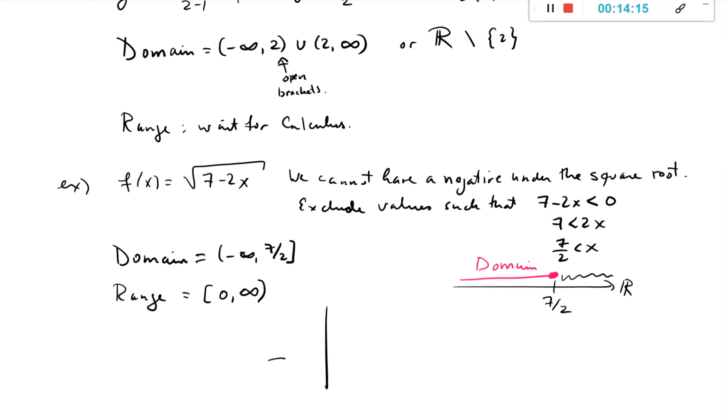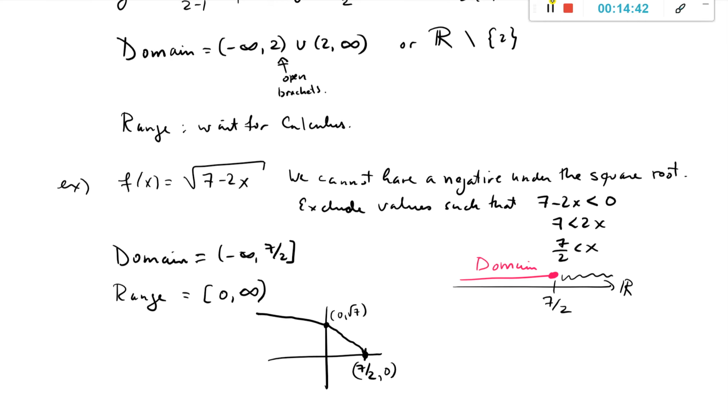So in fact, if we were to graph this function, it would start at 7/2, with a full dot there, because 7/2 is defined. When x is 0, we'd get the square root of 7, so 0, square root of 7 is our y-intercept, and then it looks like this basically.